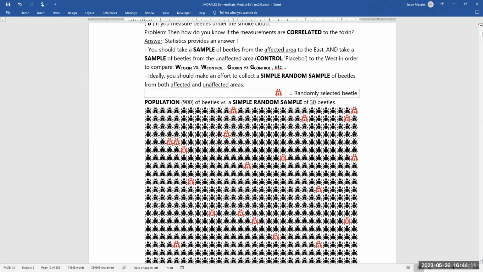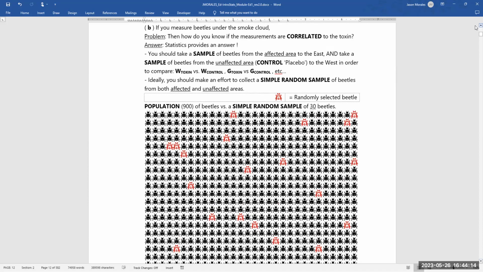Next, if you measure beetles under the smoke cloud, the problem is then how do you know if the measurements are correlated to the toxin? Statistics provides an answer.